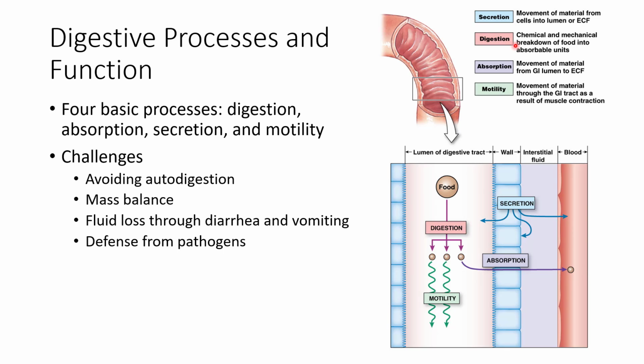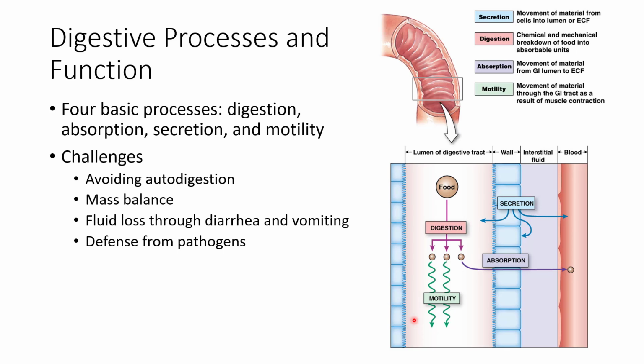Digestion, which is the chemical and mechanical breakdown of food into absorbable units. Absorption, where we're taking material from the lumen and moving it into the ECF. And finally, motility, in which we're moving material through the GI tract, utilizing smooth muscle contraction.